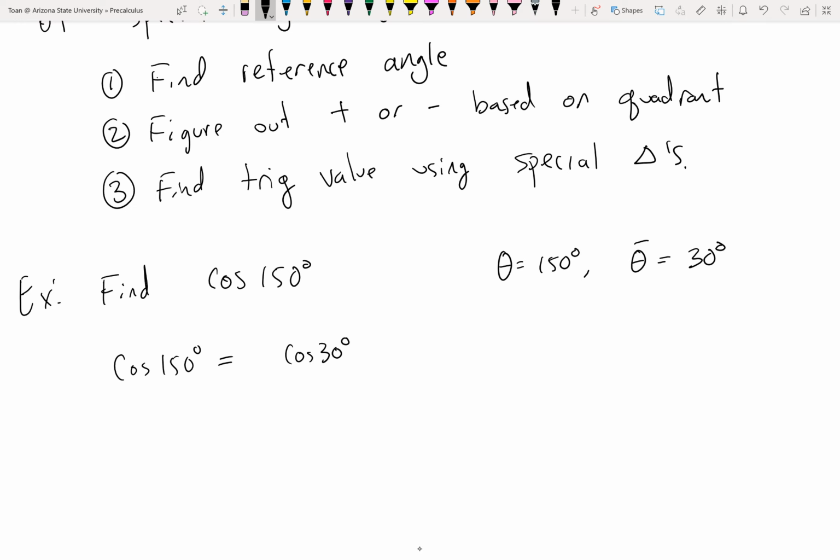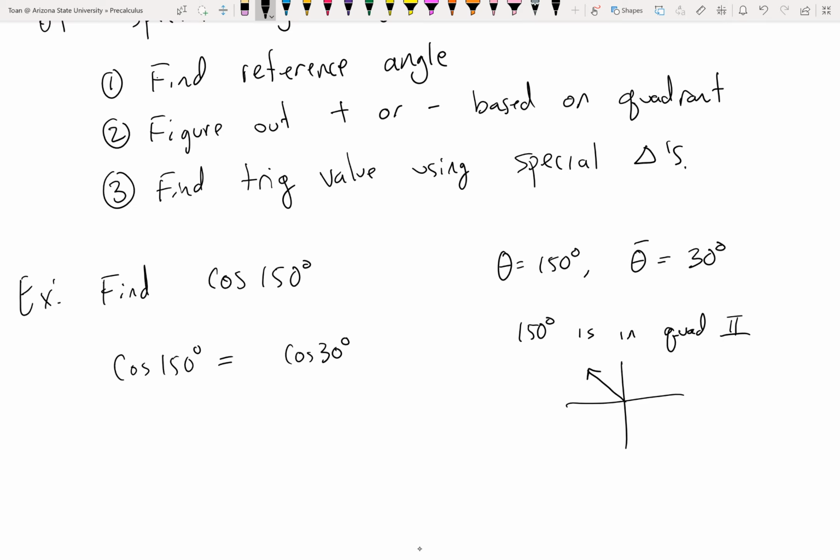Anytime you do a reference angle, you always have to leave a space, because in there will be either a positive or a negative. Well, how do I know if it's positive or negative? I need to know what quadrant I'm in. I should know that 150 degrees is in quadrant number 2. Now, what trig function am I working with?